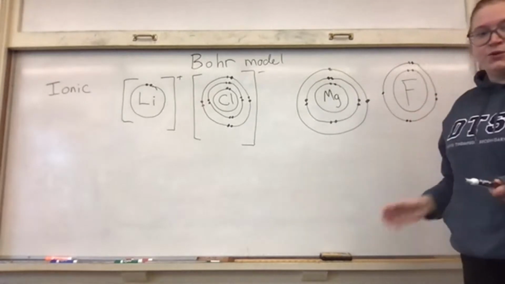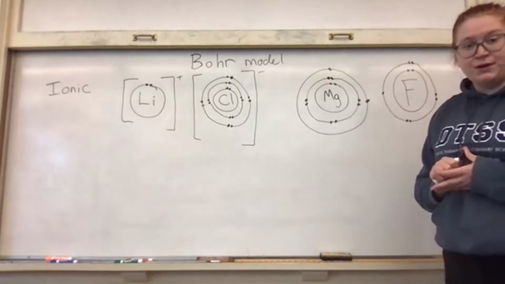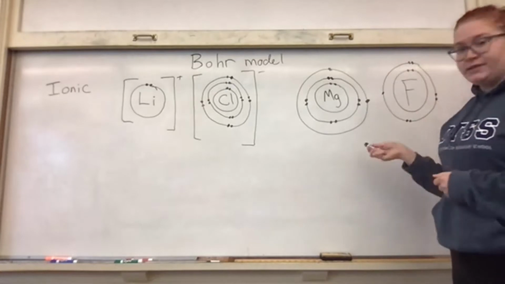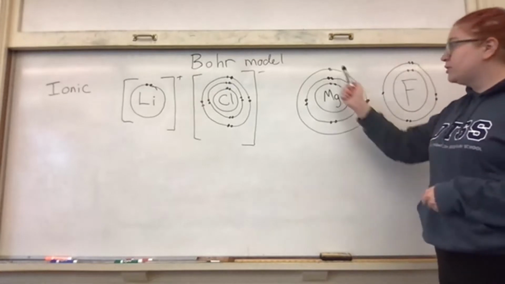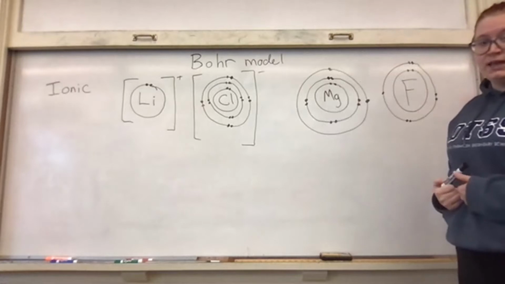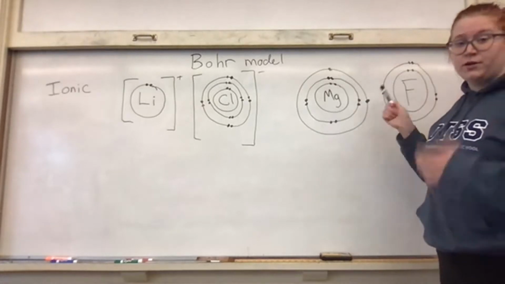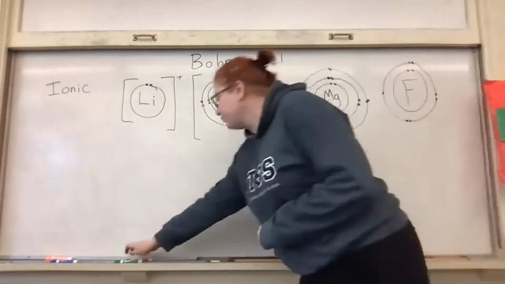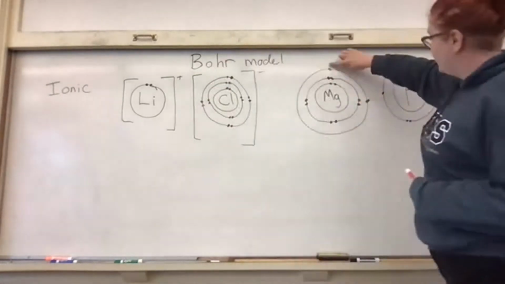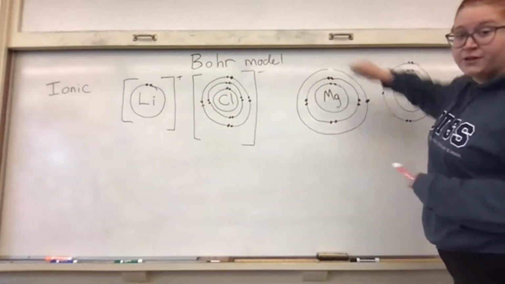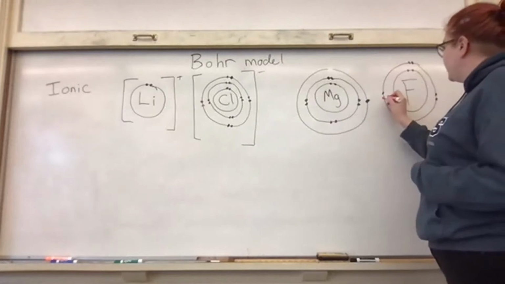Okay, maybe you're already seeing the issue I've set up for you here. Magnesium wants to lose 2. Fluorine wants to gain how many? Just 1. So magnesium donates its electron, or 1 of its electrons, over here to fluorine.